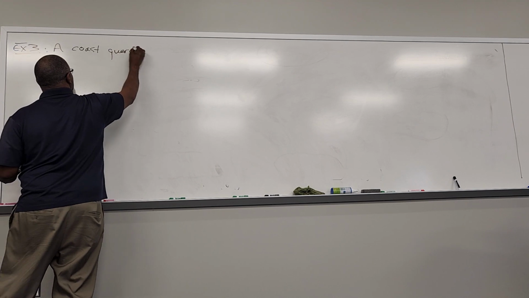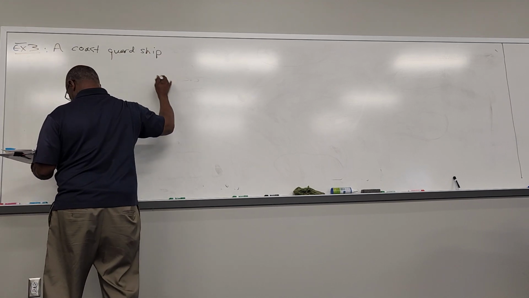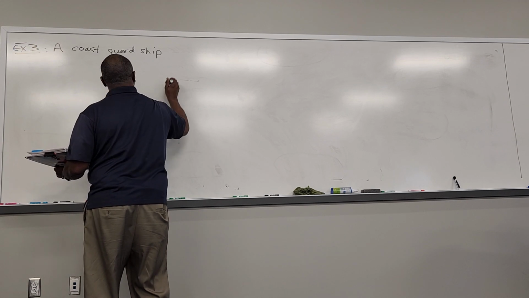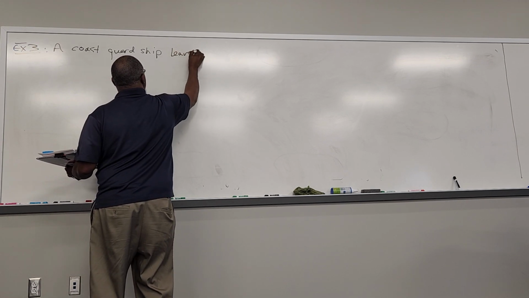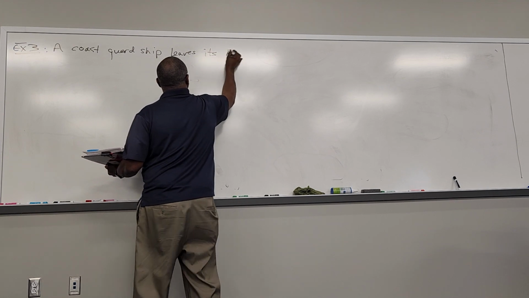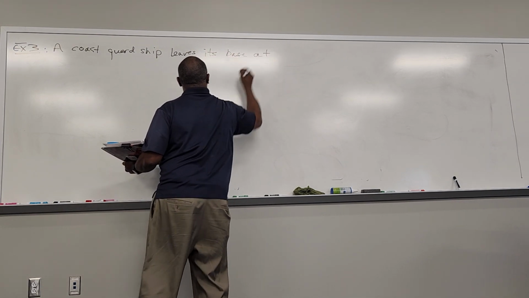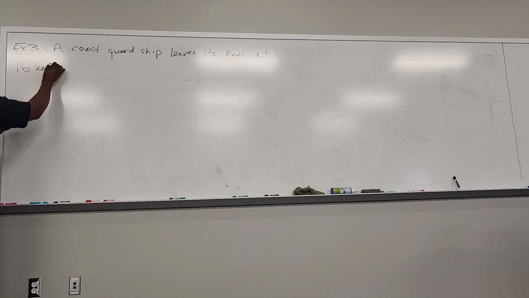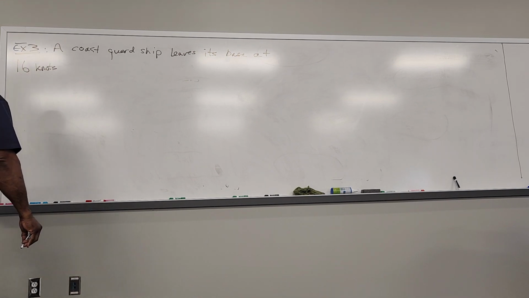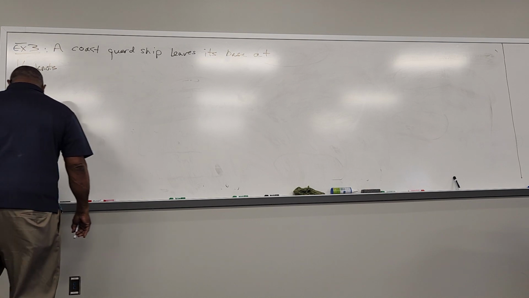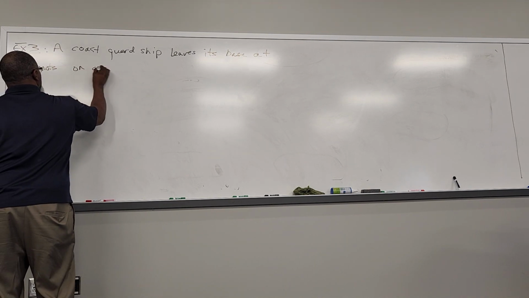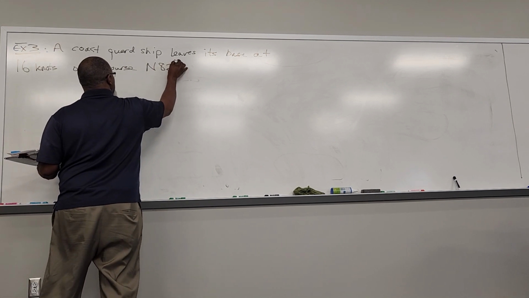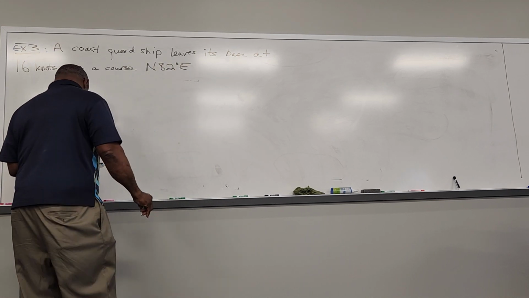They say it leaves its base at 16 knots. A knot is a nautical mile per hour. On a course north 82 degrees east.